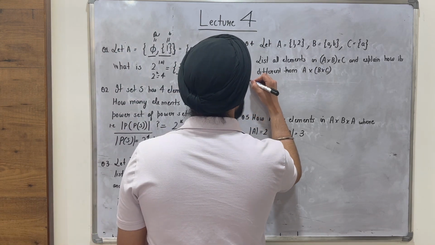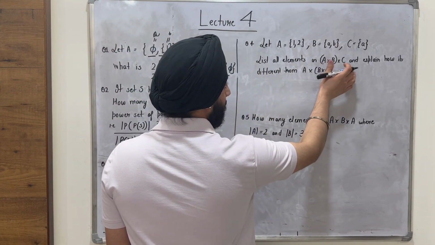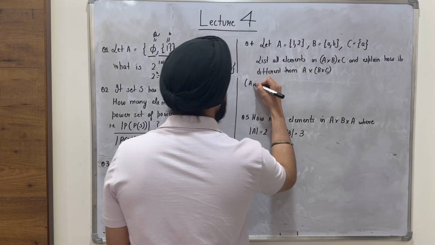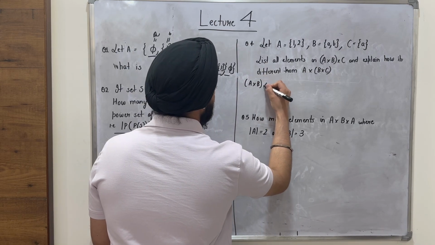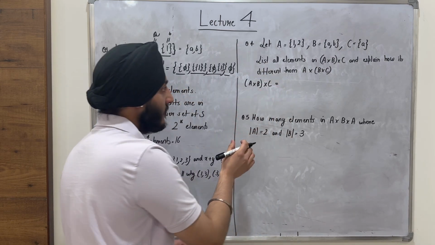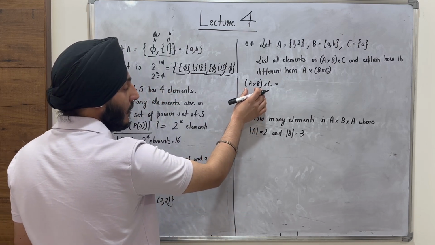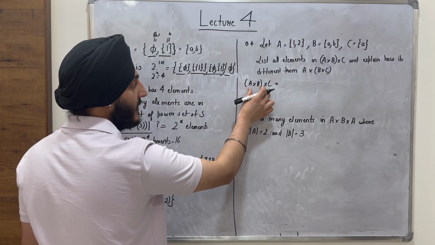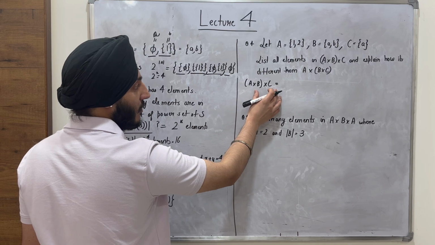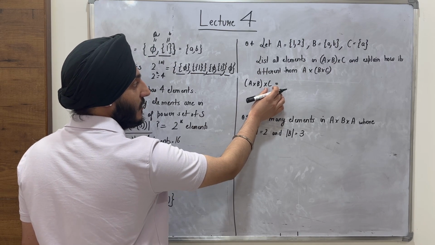So A cross B cross C, what this means is that I'm first supposed to solve this portion and then supposed to do a cross product or Cartesian product with this C over here.